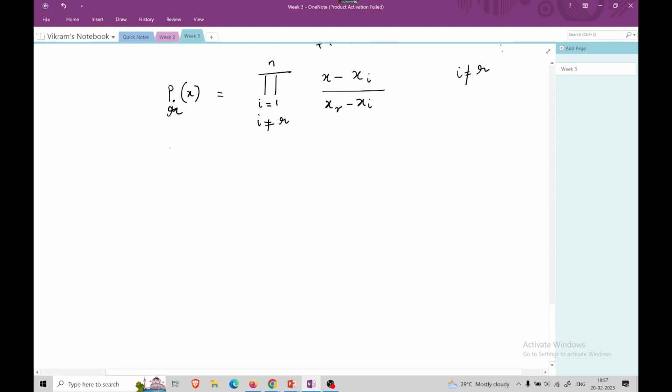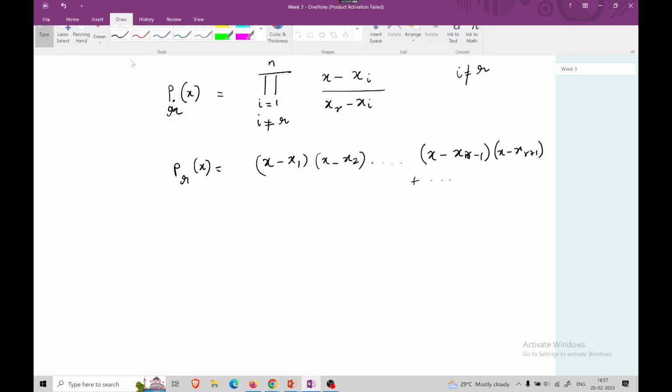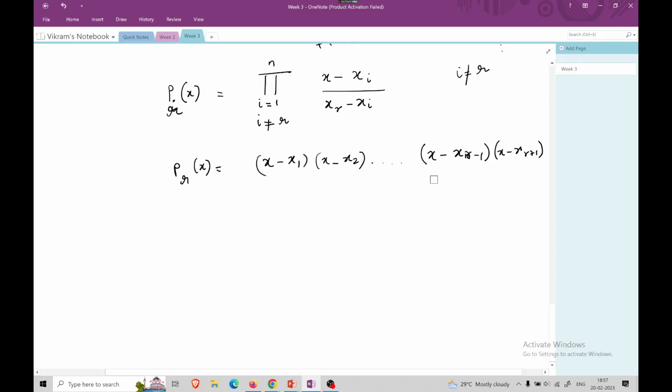So if I write in this way and want to expand it, you can write x minus x1, x minus x2, and so on, except x minus xr, which I should not have. You can say x minus x of r minus 1, then x minus x of r plus 1, all the product up to x minus xn.